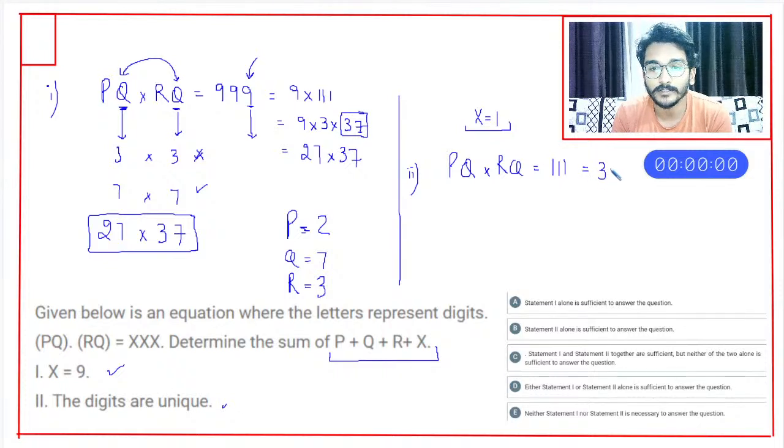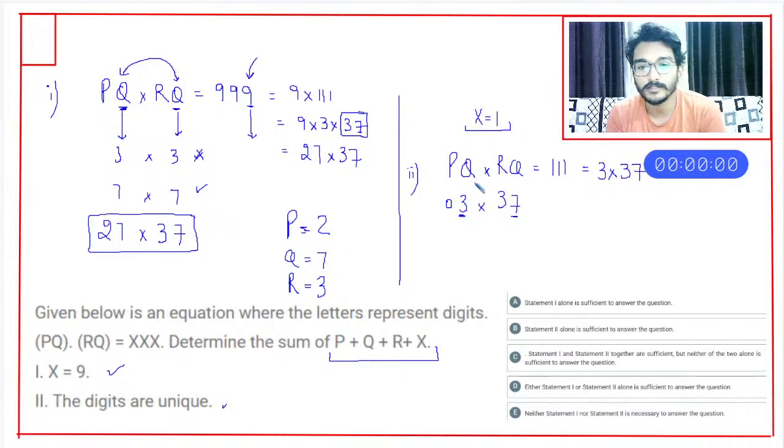So I can say this is 3 cross 37. So if it is 3 cross 37, how can I write this? This is 3 and this is 37. But I can clearly see this is not feasible here because the Q value is changing. So this will not give me the result.